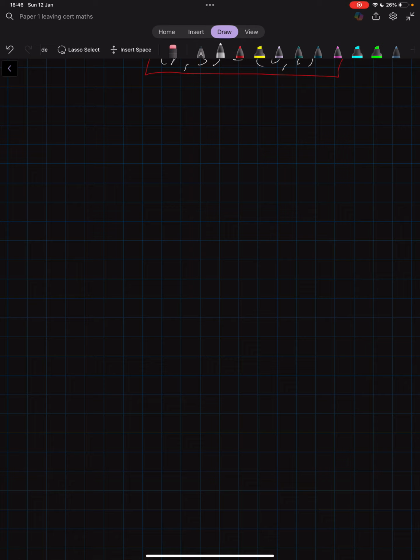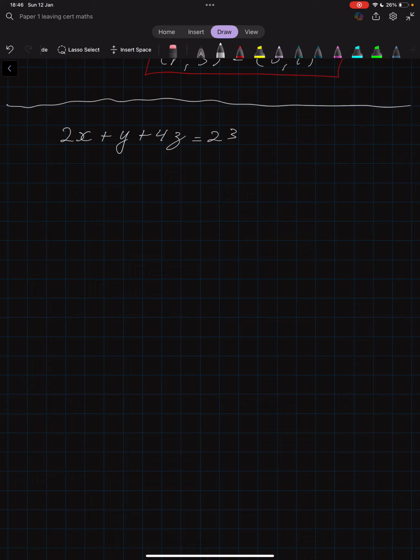simultaneous equations with 3 variables. So now with 3 variables, things have gotten a lot more difficult. So now you're asked to solve 2x plus y plus 4z equals 23, 5x plus y plus 2z equals 19, and then 3x minus 2y plus z equals 13.